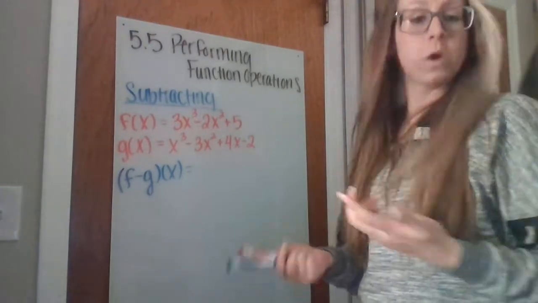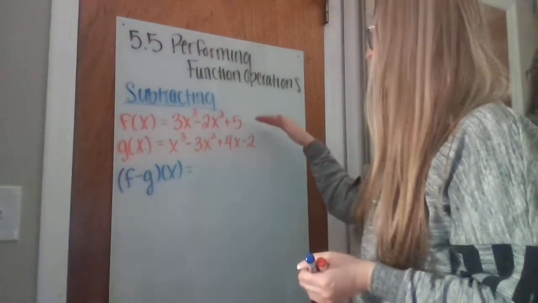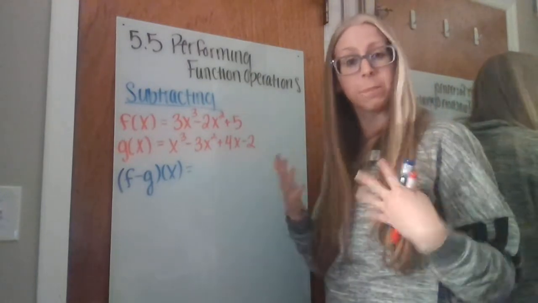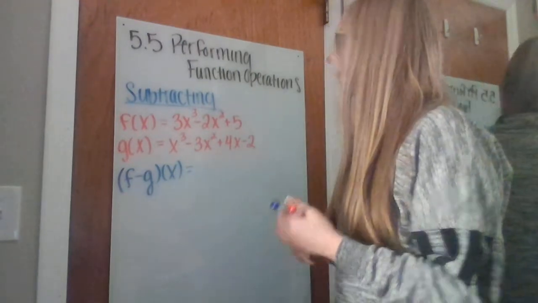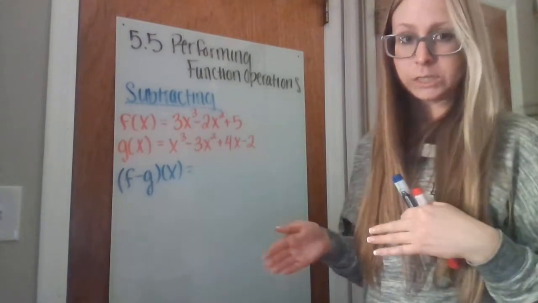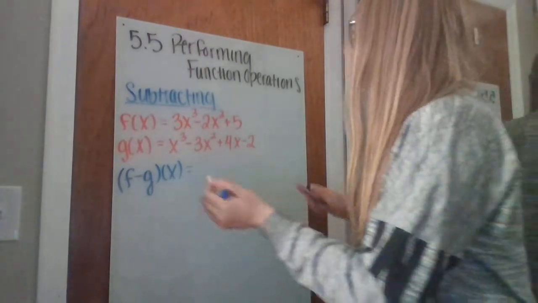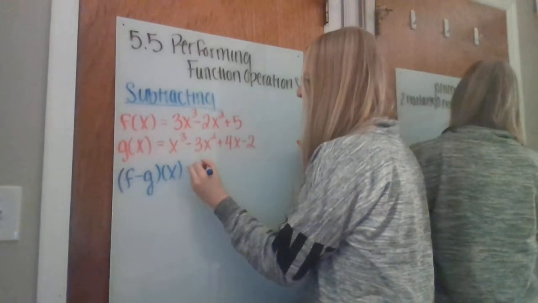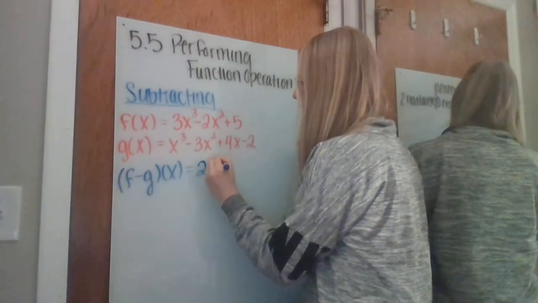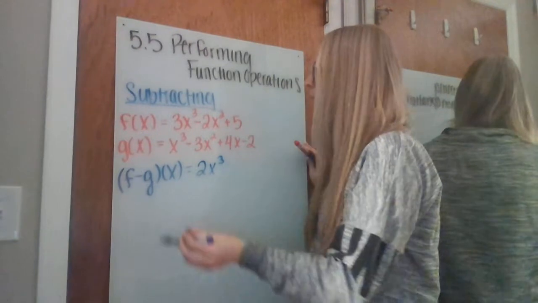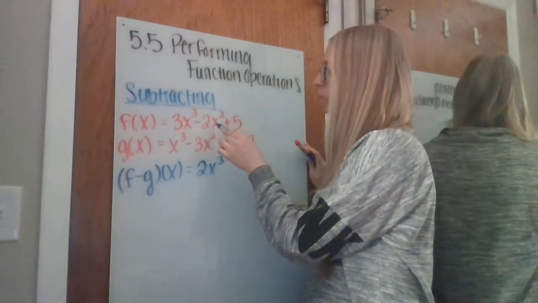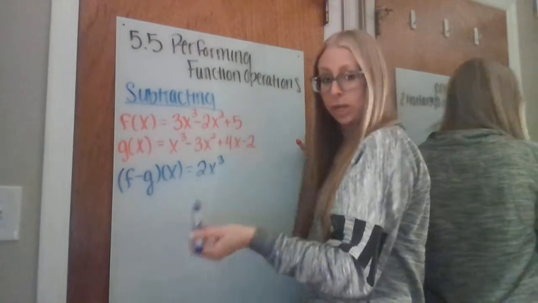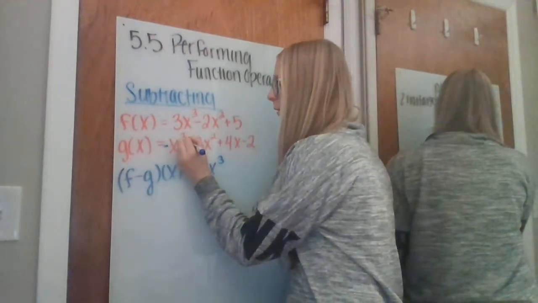So when I subtract, I'm taking this function and subtracting everything from this function, right? And then we combine like terms. I'm going to start with cube, because you want to write them in standard form. You guys know that. So 3x cubed minus x cubed is 2x cubed. Negative 2x squared minus negative 3x squared changes that minus 3 to a plus.